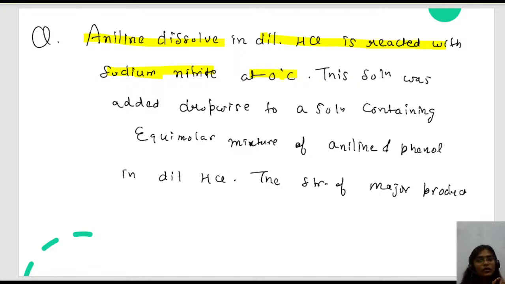And now, the question proceeds that once the BDC is formed, you are adding dropwise an equimolar ratio of aniline and phenol. Two things we are adding in the diluted HCl. So the question is, what is the final product here? Now you can continue, try to answer the question.